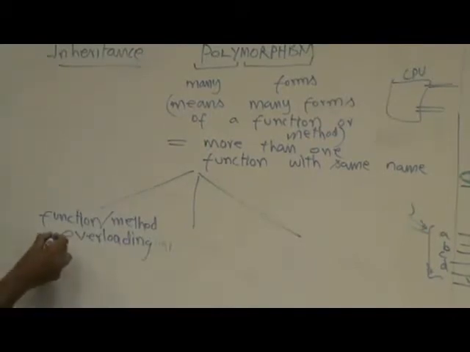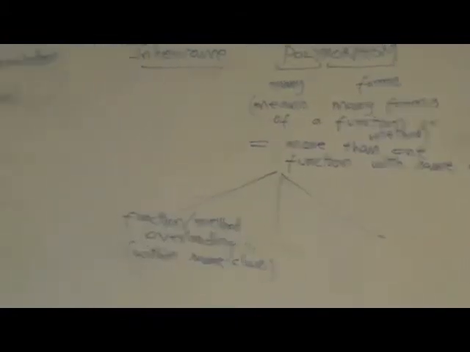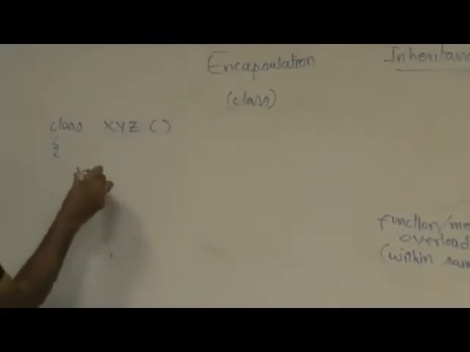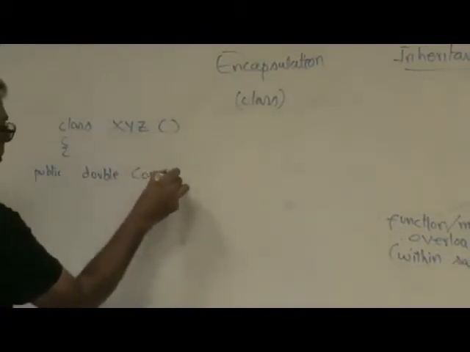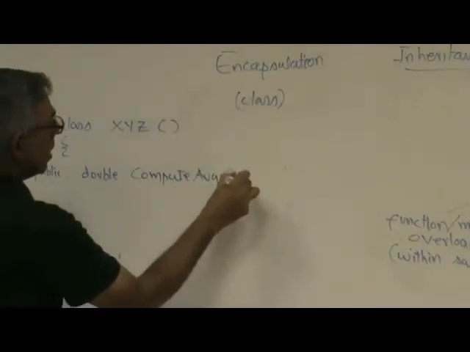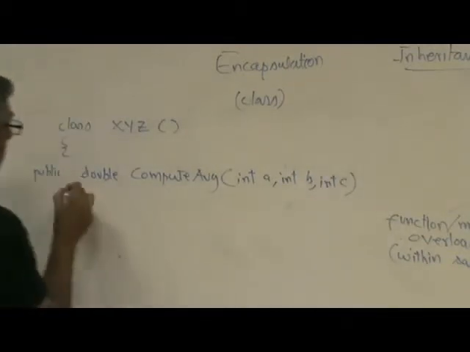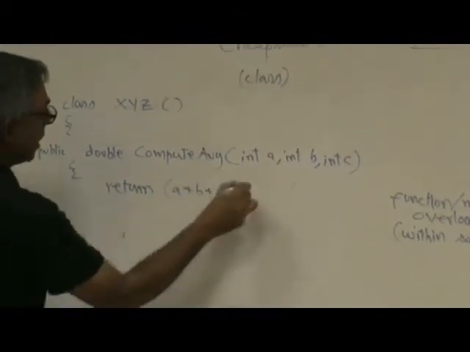Now, overloading is always done within the same class. Again, very quickly to give you an example, let's say you created some class XYZ. You wrote some method over here, public double computeAVG, int A, int B, int C, right? And you did return A plus B plus C divided by 3.0.